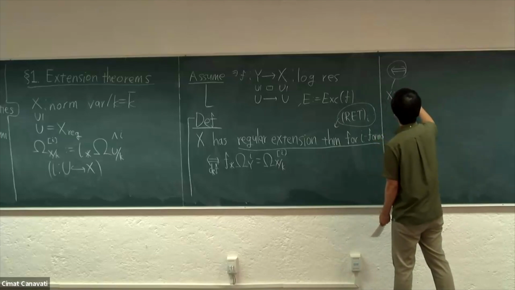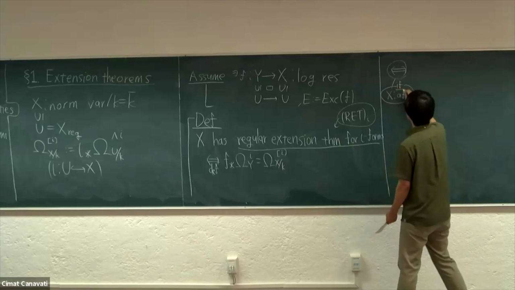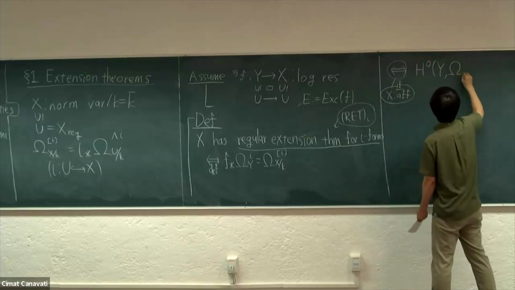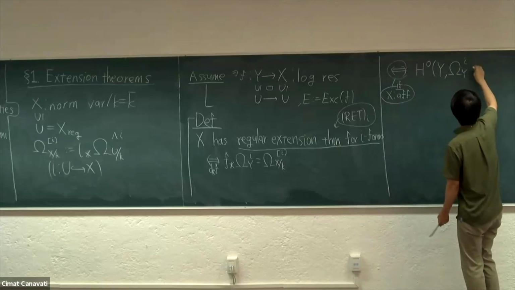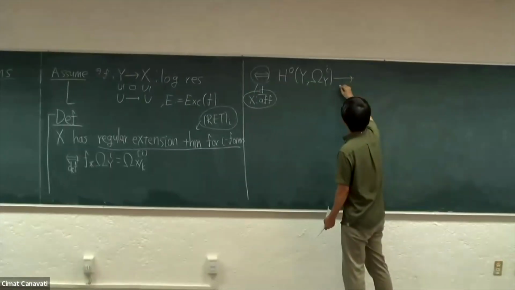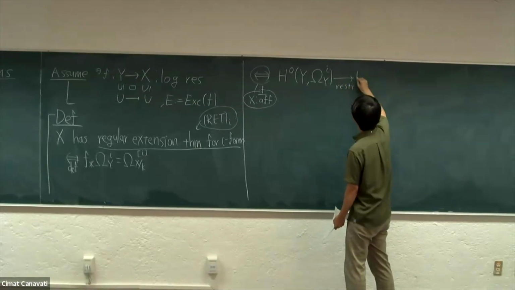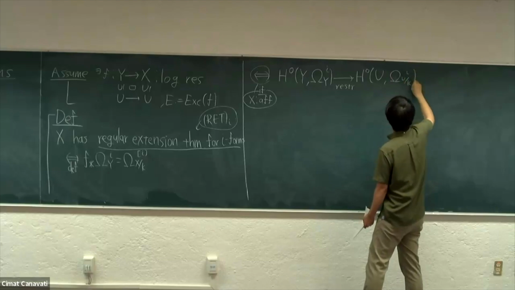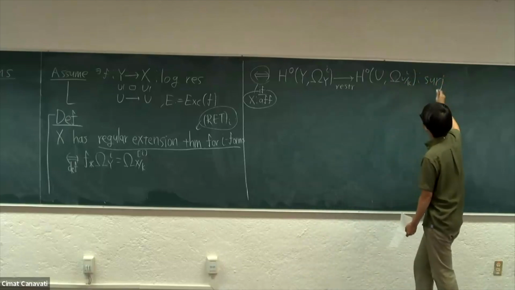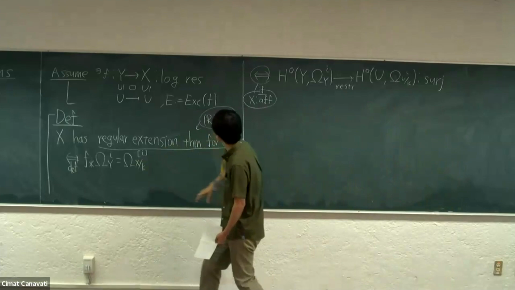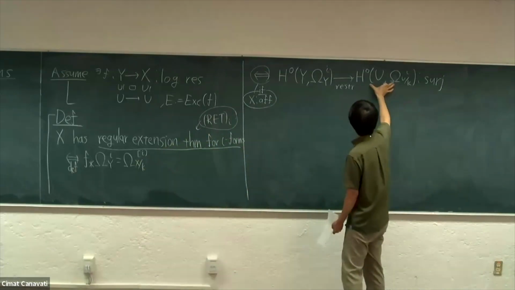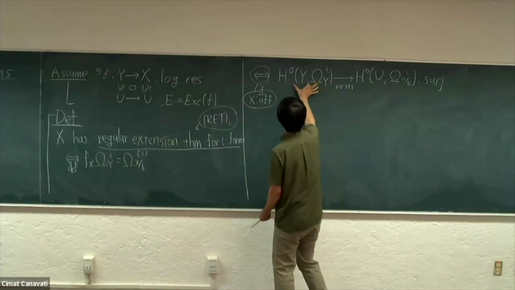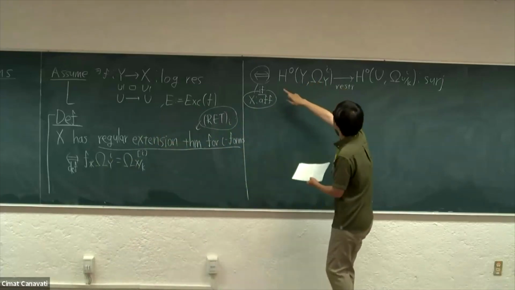If X is affine, then this is equivalent to saying that the map from global sections of i-forms over Y to global sections of omega_X^[i] is surjective, because the right-hand side is just the sheaf associated with this module, and the left-hand side is likewise.